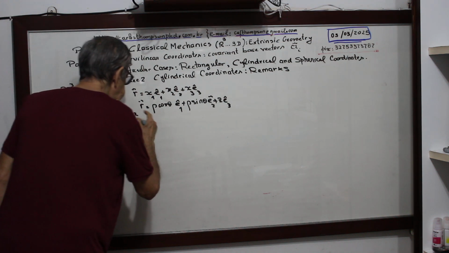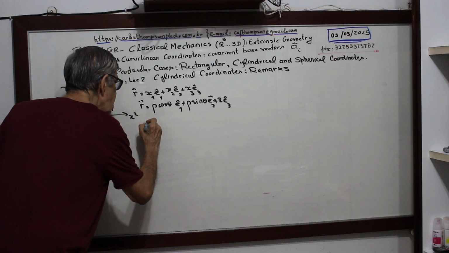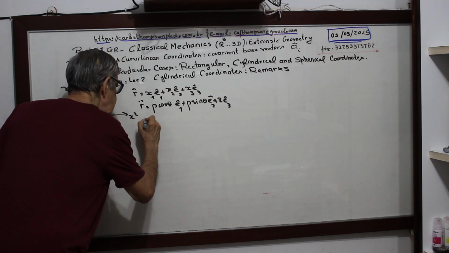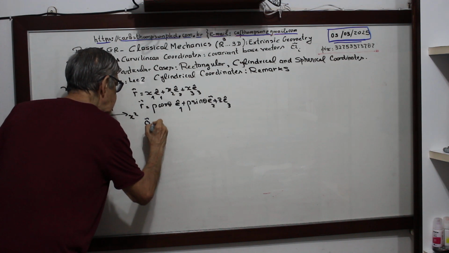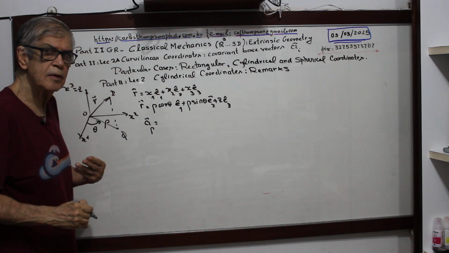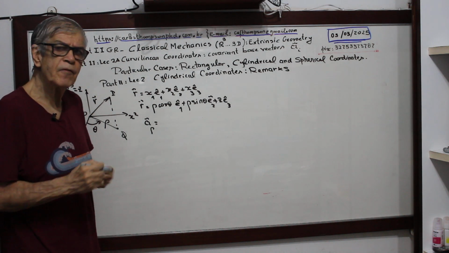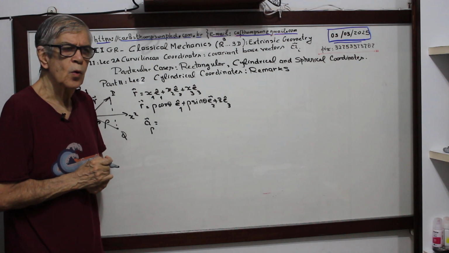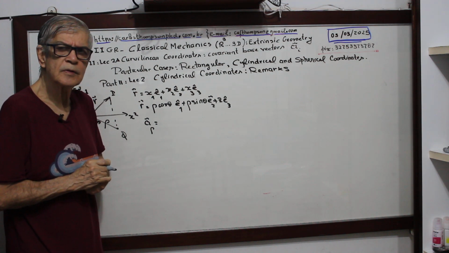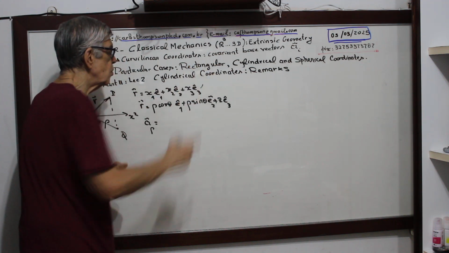Now, do you remember the basis, for instance, let's call A rho. You see, I will use that important property that I emphasized when I derived the Cartesian coordinates, rectangular coordinates.